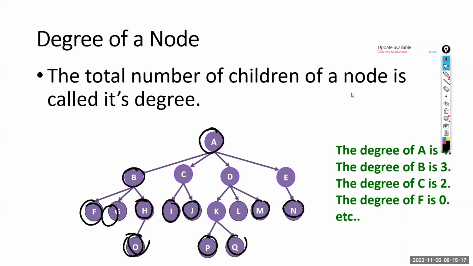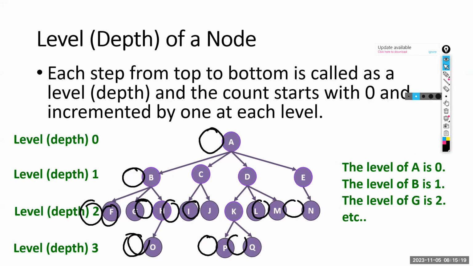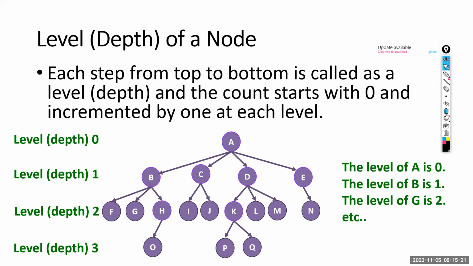Right. So the next concept is the level or depth of a node. Depth is calculated from the top. So we take the root node to be in level 0 or depth 0.